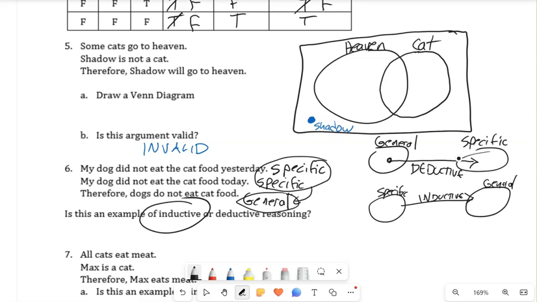So is the argument valid or not? This is just, what type of argument is this? Specifics going to general, that's inductive. General, and it can even be general and specific, but if general information is trying to get to a specific conclusion, that's deductive.